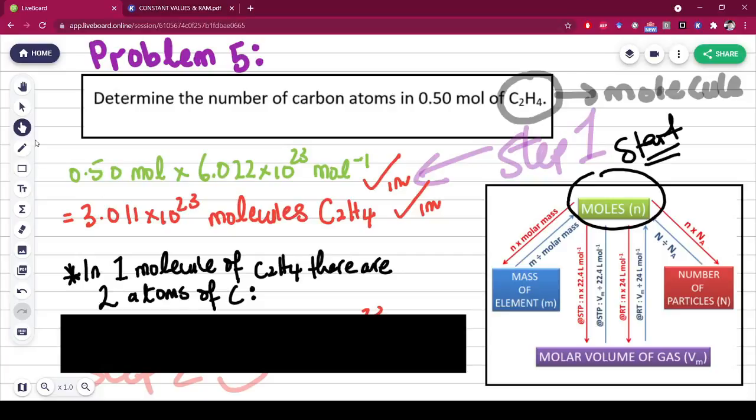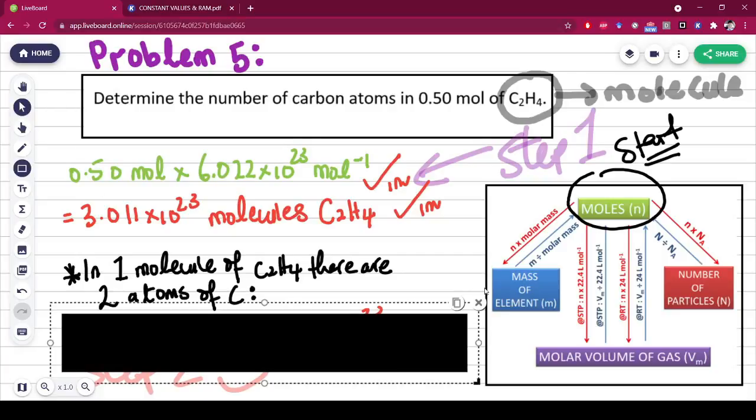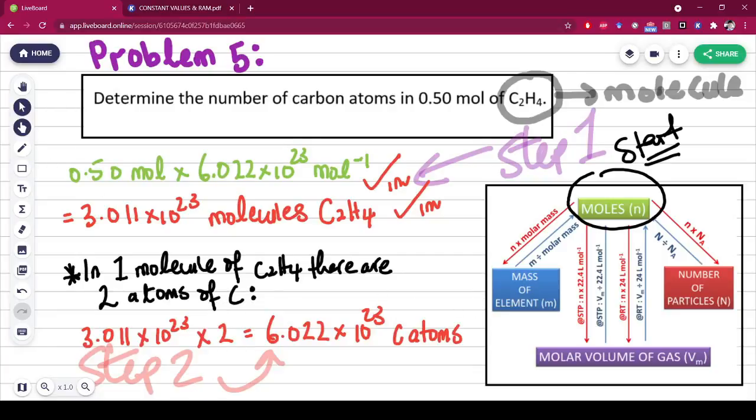How many carbon atoms? Exactly. When you times by 2, you take the number here, the number of molecules, times 2, then you get the number of carbon atoms. This is just the steps to find out how many molecules of C2H4 in 0.50 mole.